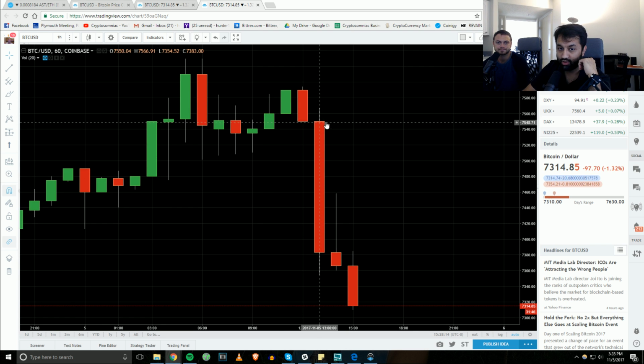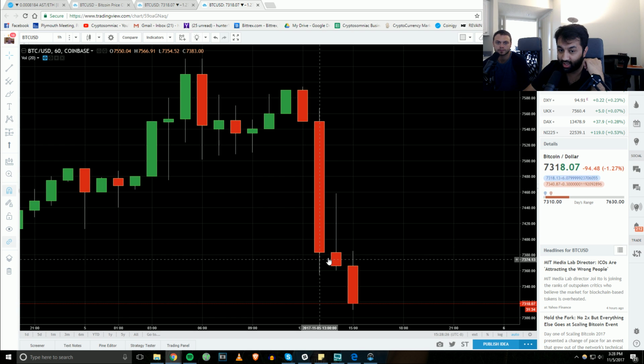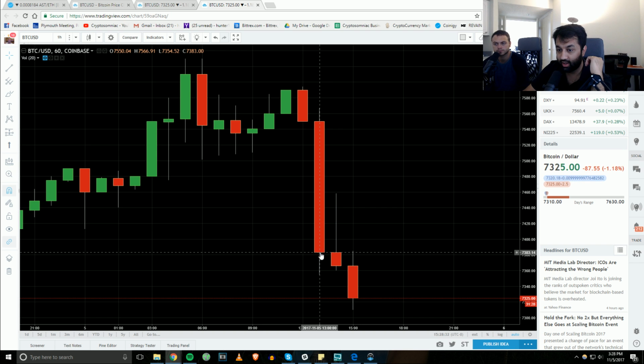You see this is a red candle, so that means it opened here at the start of the hour. It actually opened at 75.49, and at 2 p.m. PST it closed at $7,383.